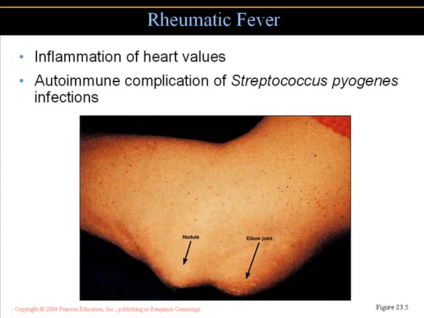However, the second step is when that bacteria goes to the heart valve, or the kidney, or the thyroid gland, or any other organ tissue, and our immune system attempts to attack this bacteria. Bacteria has this amazing ability to mimic our own tissue. As our antibodies are trying to attack this antigen, the bacteria decides, okay, I'm going to change a little bit, and I'm going to start to look like the person's own tissue.